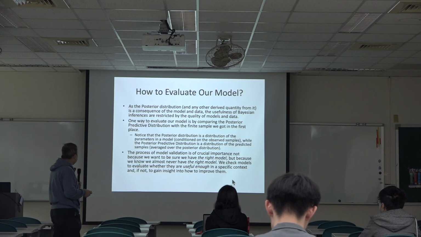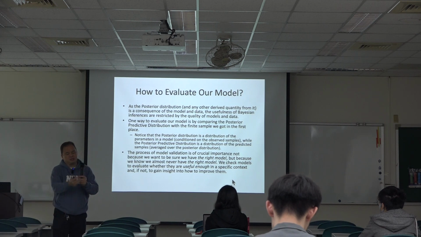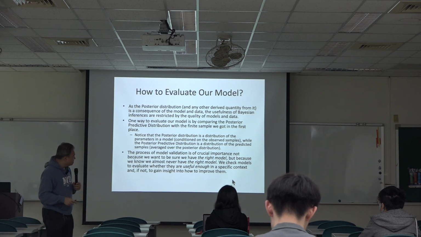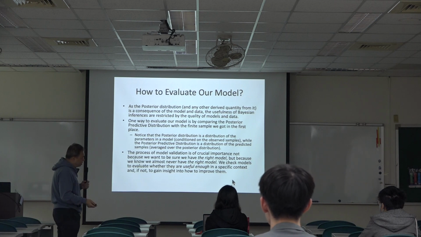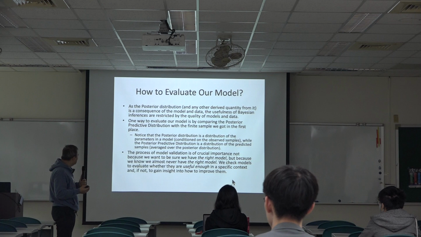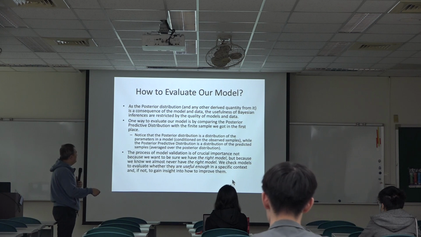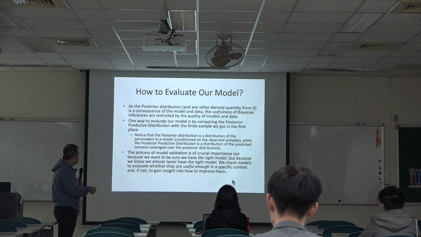So any analysis must be done through the posterior distribution or derivatives from the posterior distribution, for example, the posterior predictive check is also something derived from the posterior distribution, right? So one way to evaluate our model is by computing the posterior predictive distribution with the finite sample we got in the first place. So this is the posterior predictive check.